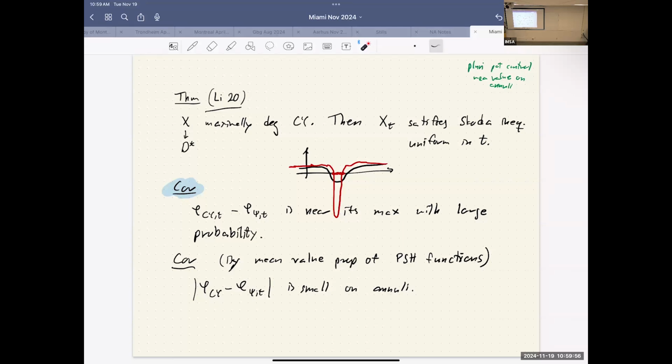So you need some kind of control on the complex structure, and this you only have on this analyte. You don't have that everywhere. So you get C0 convergence then on the analyte, not in general, but on the analyte. You know that they're close.